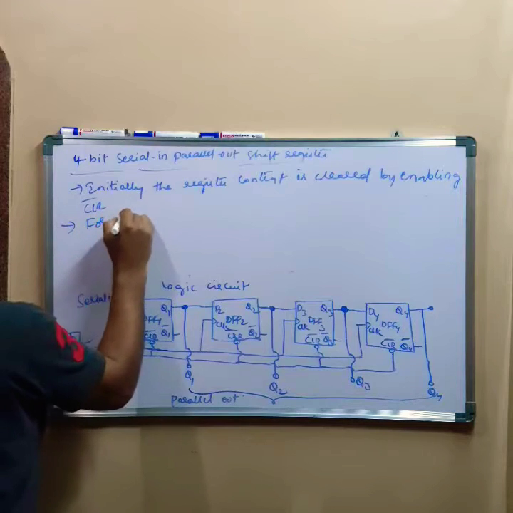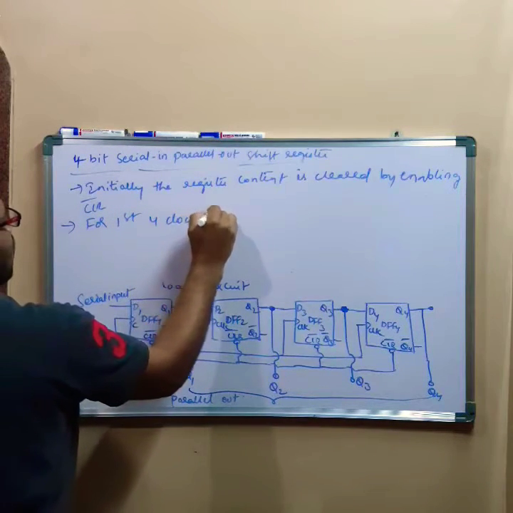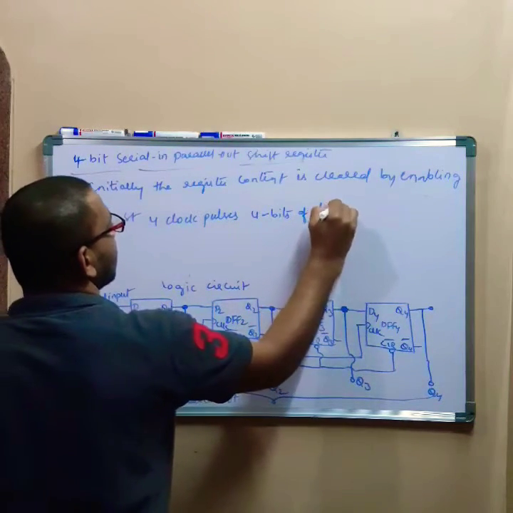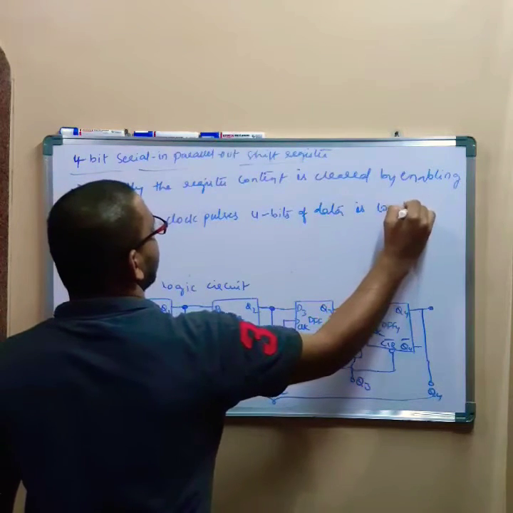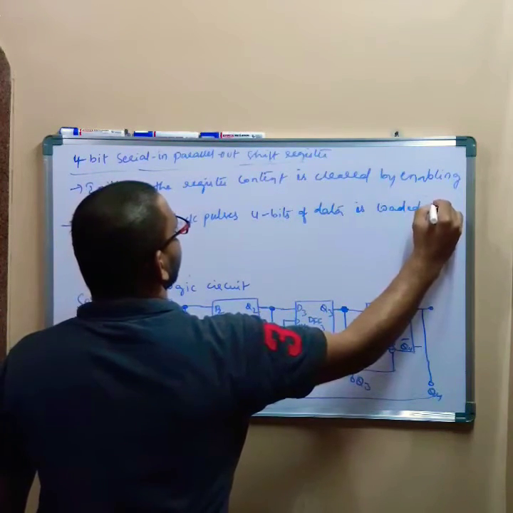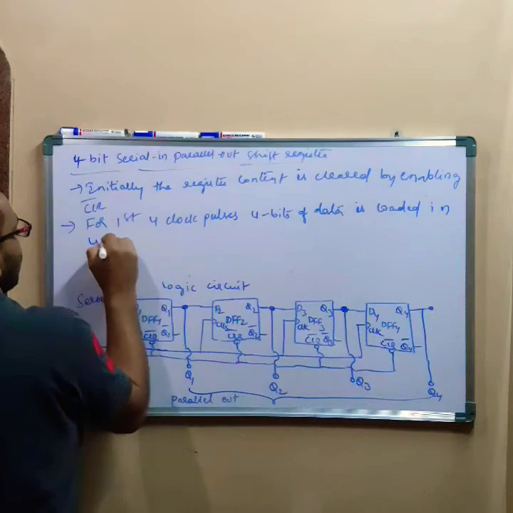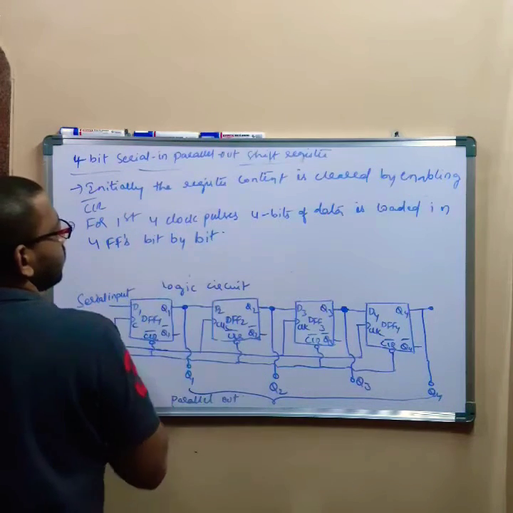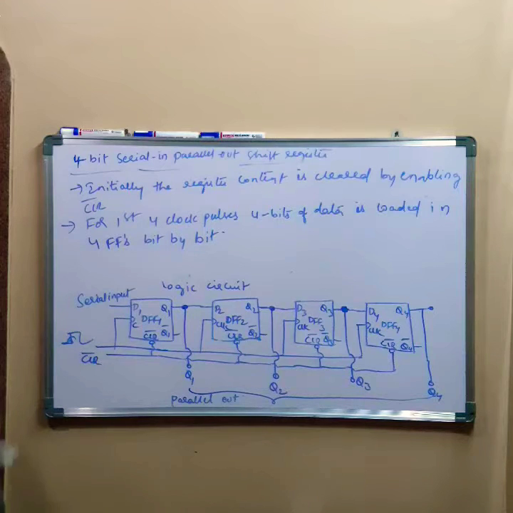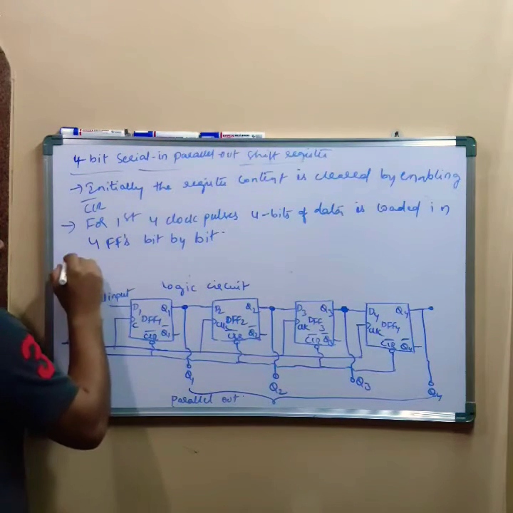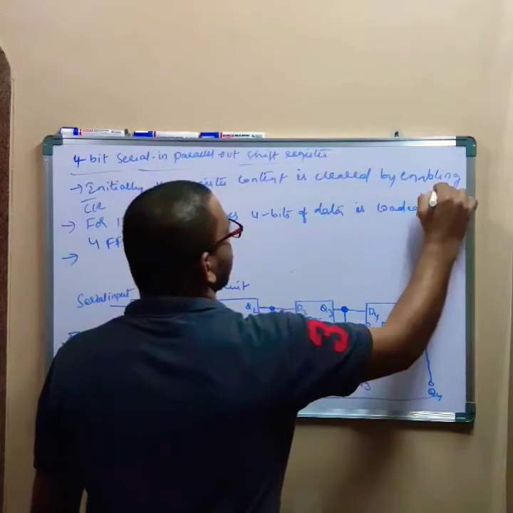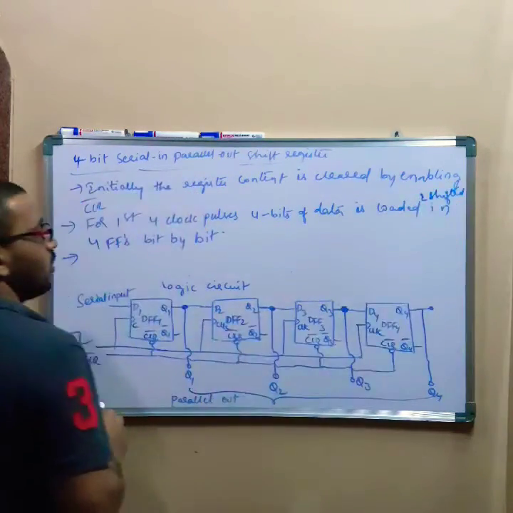Next, for first 4 clock pulses, 4 bits of data is loaded in 4 flip-flops bit by bit, right? 4 bits of data is loaded and shifted in 4 flip-flop bit by bit.